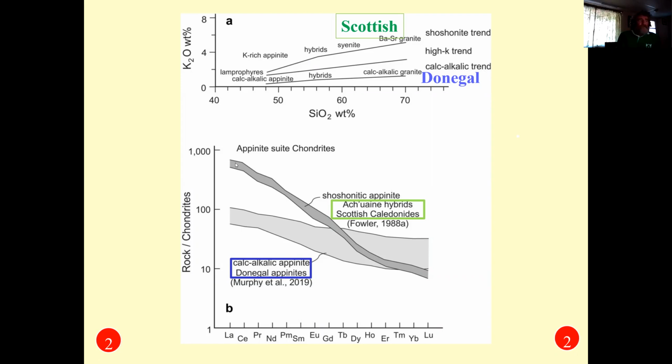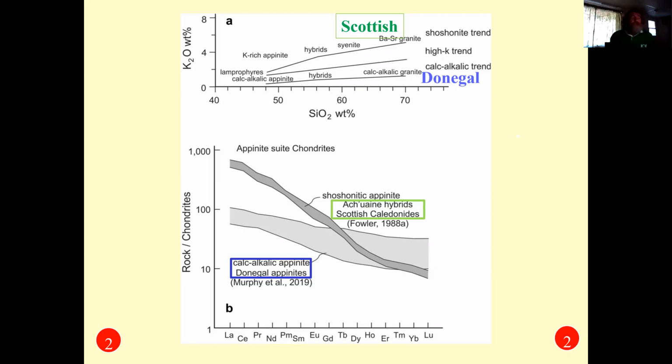You can see in the lower diagram here that the Scottish Caledonides are strongly light rare earth enriched, like shoshonitic-type tendencies. On the other hand, the Donegal, and these are the same age, tend to be calc-alkaline, normal calc-alkaline, and have a moderate light rare earth enrichment.